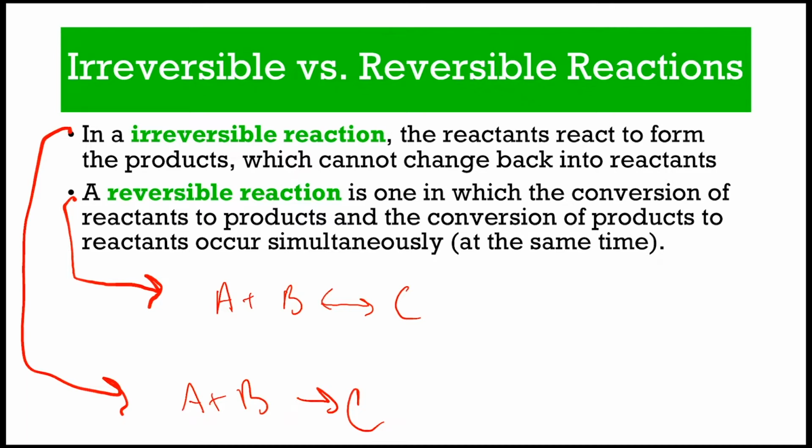So like Miss Scanlon had just said before, an irreversible reaction is just one way, but a reversible reaction can go one way forward and it can also go back. This is represented with that double arrow that you see. We'll see this a lot moving forward, but for this topic we're talking about reversible reactions, ones that can go both forward and backwards.